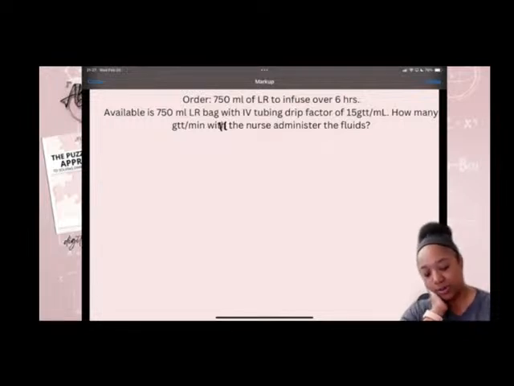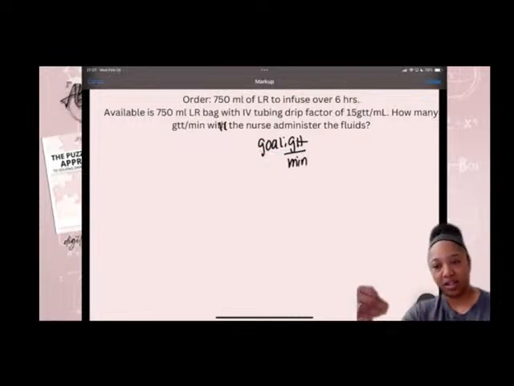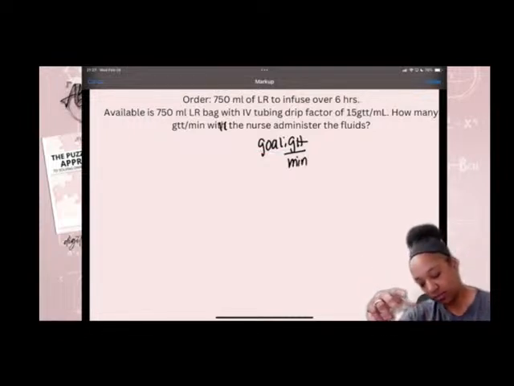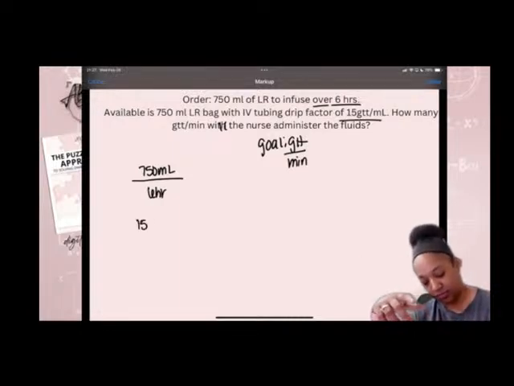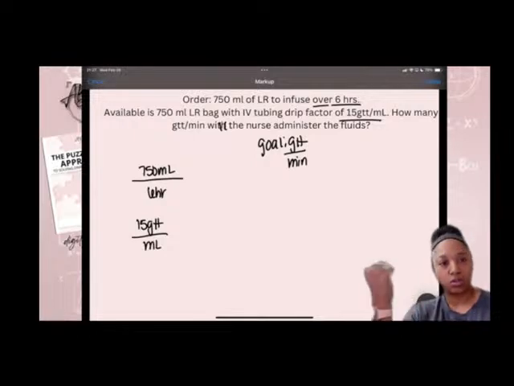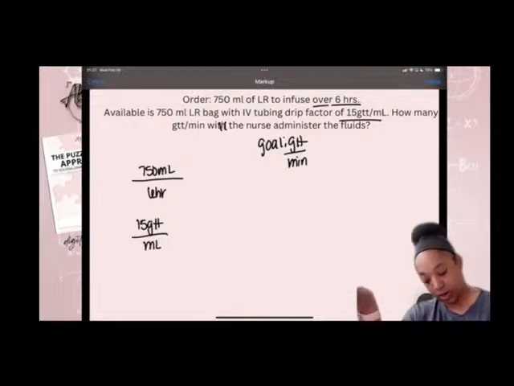All right. So, boom. What is this? Our goal is drops per minute, right? So remember, volume over time. What is the volume? What is the time? What is your drip factor? That's all you need. Start with your goal, which is drops on the top.